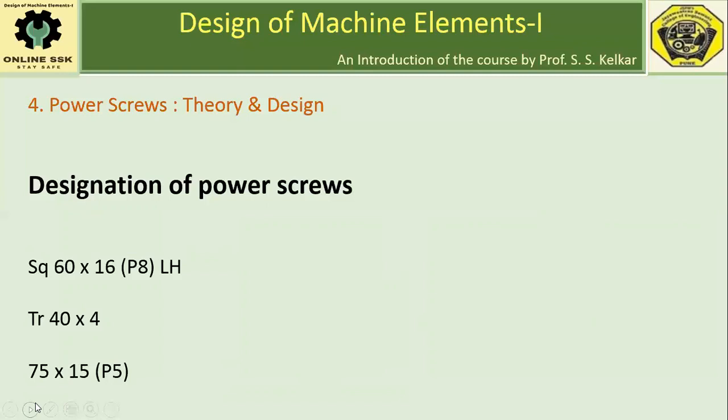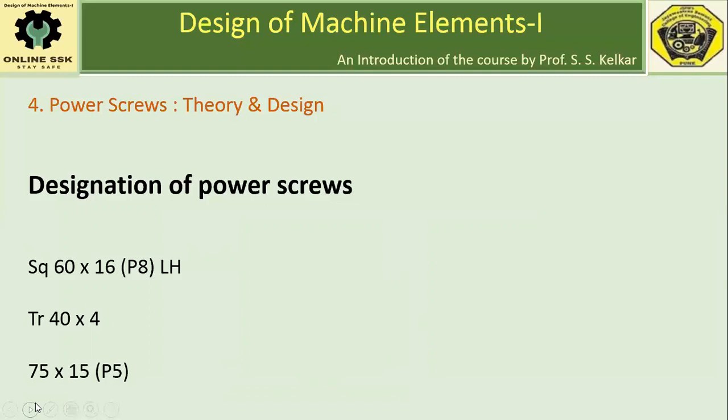If it is a multi-start screw, then you have to mention the pitch after the lead. In the second case, as this one is a single start thread, therefore pitch and lead are one and the same thing, therefore not necessary to mention P4 again in the second case.